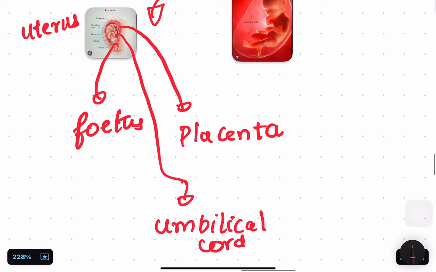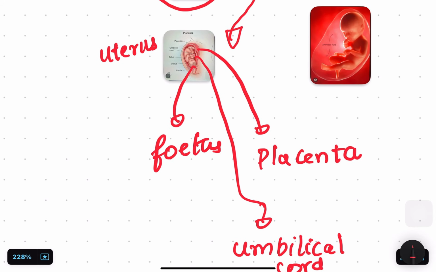Correct? Now, the mother needs to supply oxygen and carry away the excretion. For that, what is required? Blood vessels. So you can see these are the blood vessels which are there, right?